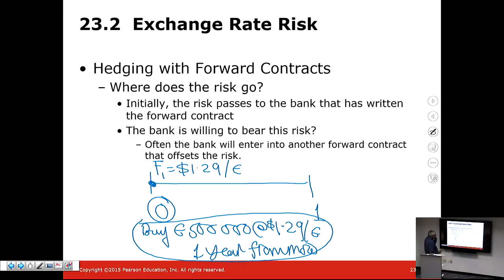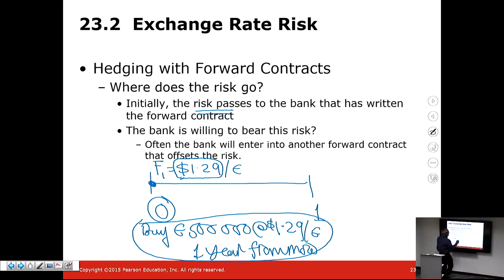So the bank is essentially selling you euros at 129. But how does the bank guarantee that 129? Essentially what has happened is that you have transferred your risk from yourself, or in this case Manzini has transferred its risk from himself to the bank.